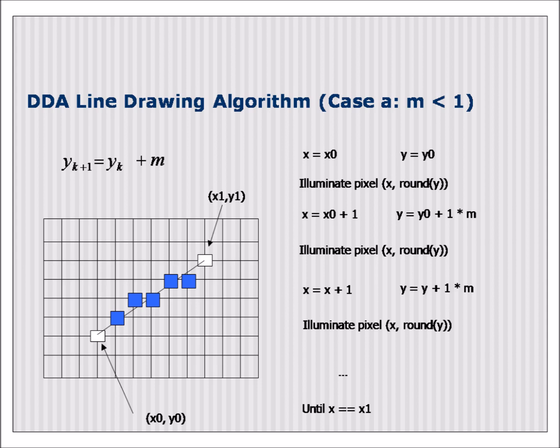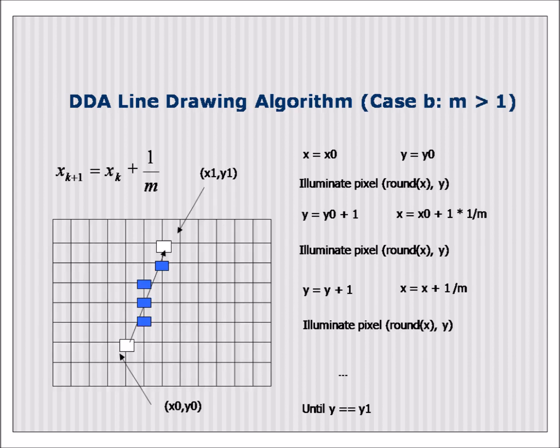The calculations are reflected on the grid at the left side, and the intermediate on pixels are in blue squares, whereas the starting and ending points of the line are shown in white rectangles. This is how the first case, m less than or equal to 1, is accomplished.